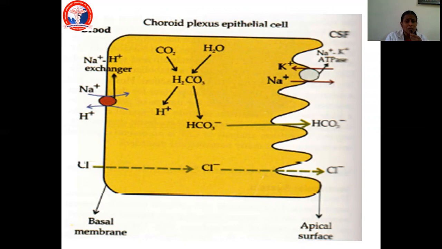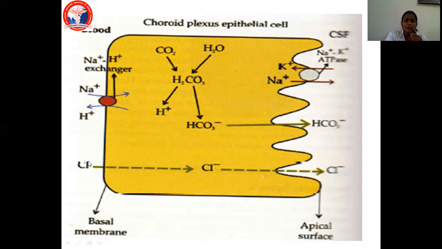These bicarbonate ions diffuse into the cerebrospinal fluid, and this hydrogen ion enters into the blood in exchange for the sodium ion by the pump called sodium hydrogen exchanger.